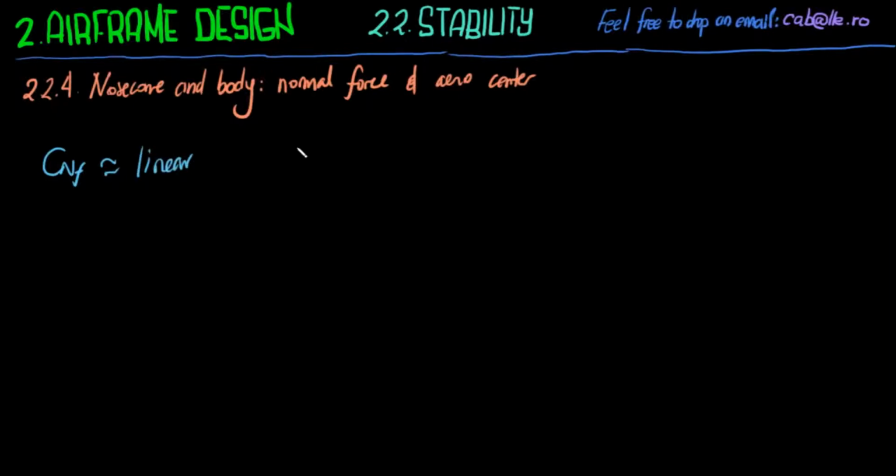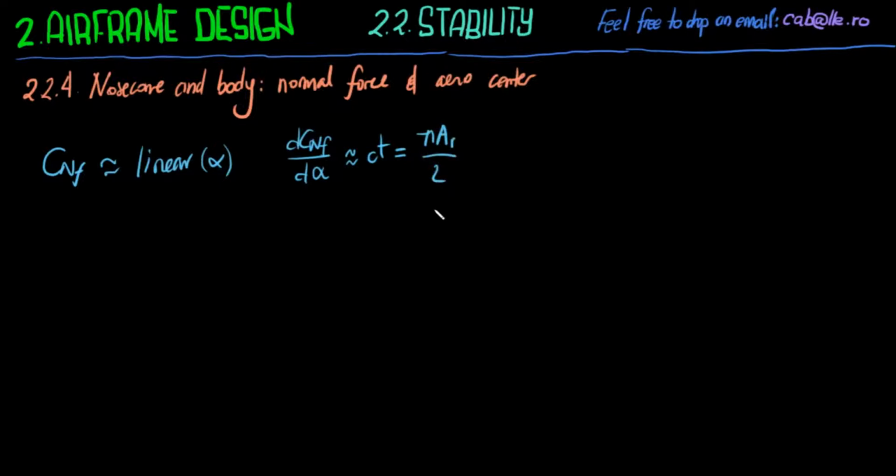So this means that it is linear in function of alpha, of course, the angle of attack. So if we take the derivative of Cn of the fins, it's going to be practically constant and equal to pi times aspect ratio over 2.